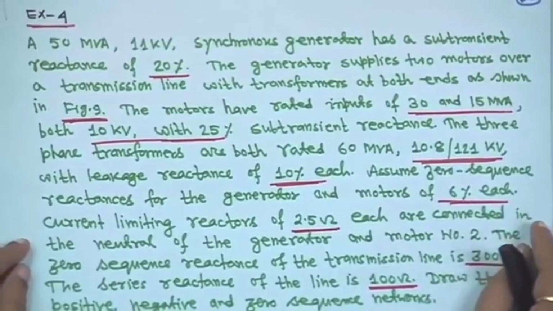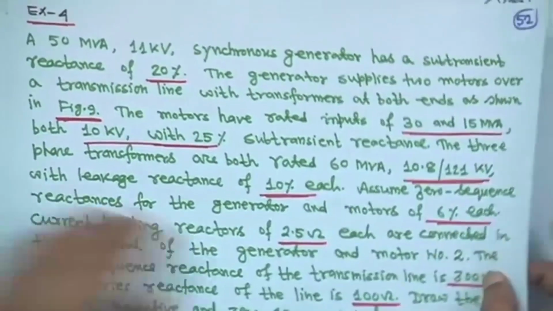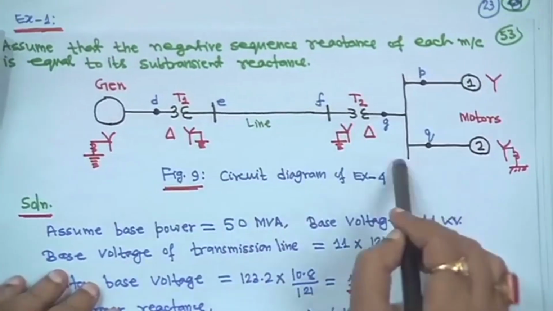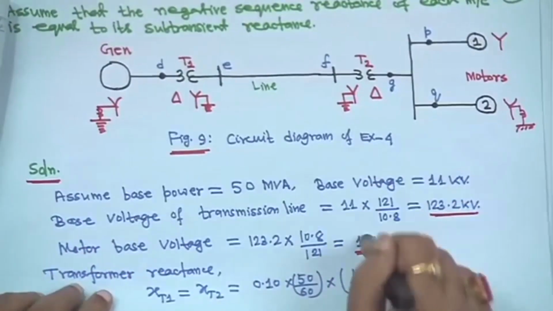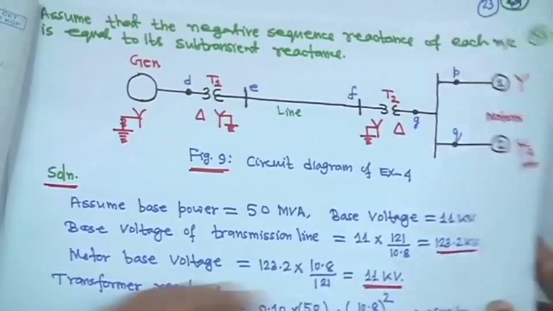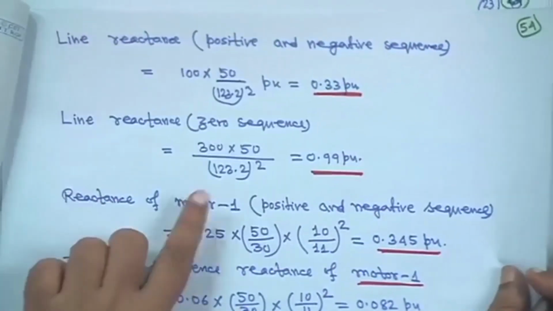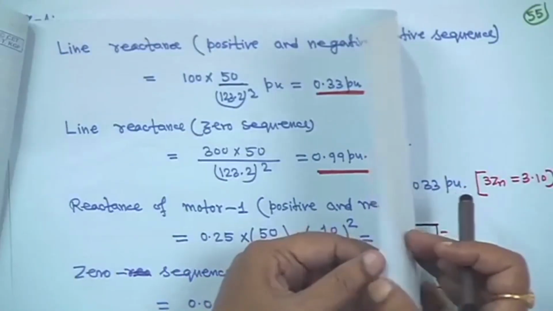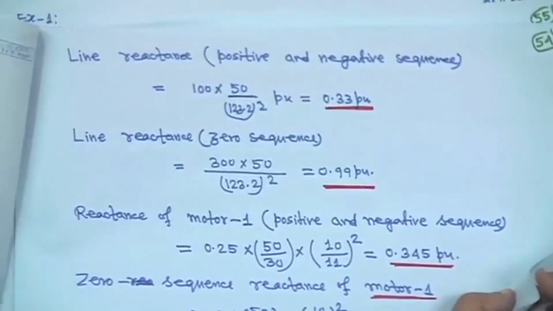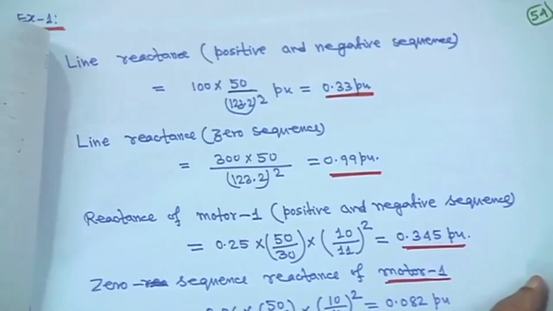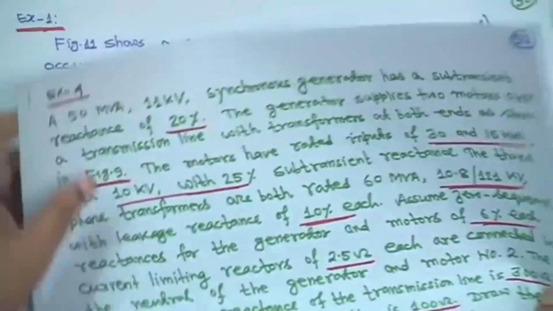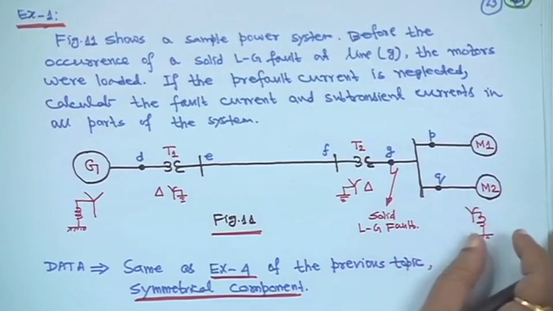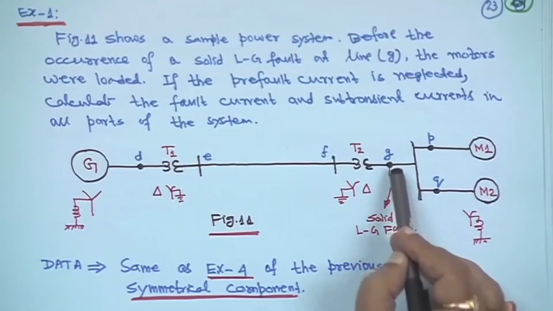The same problem, same diagram, and all the data are the same, such that it will save time and help us understand this. So all data remain the same as example 4 of symmetrical component.